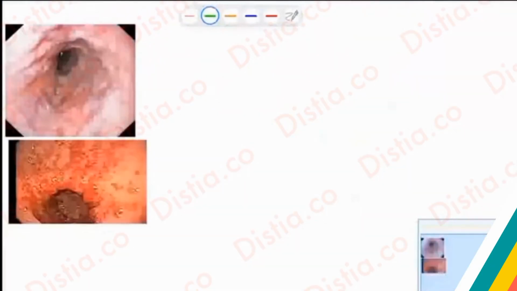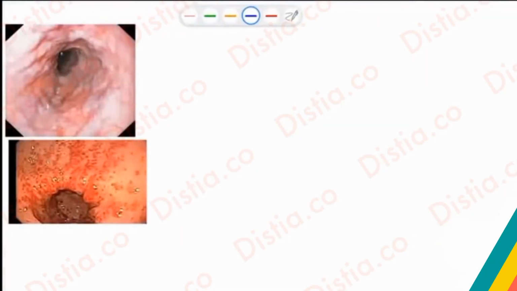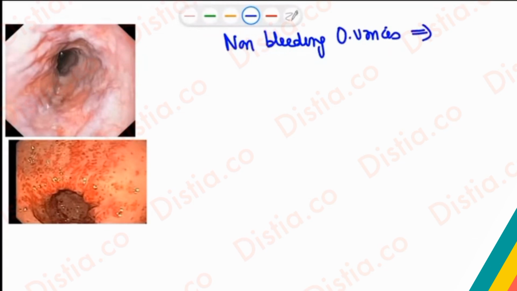Let's now talk about what we are going to do in this particular patient who's having bleeding esophageal varices. I'm going to decrease the portal vein pressure using octreotide. Had I diagnosed this case earlier, in non-bleeding varices, to prevent them from becoming bleeding, we would be using a non-selective beta blocker, that is propranolol.